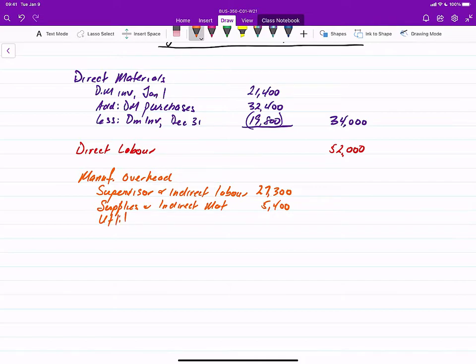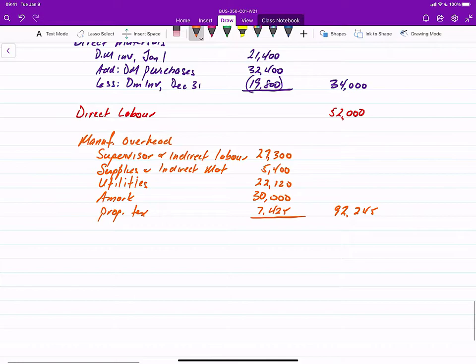I'll just call those utilities. Remember, we calculated our 22,120, which was our percentage. And then we have amortization, 30,000. And then we had the property tax, 7,425. That equals 92,245.